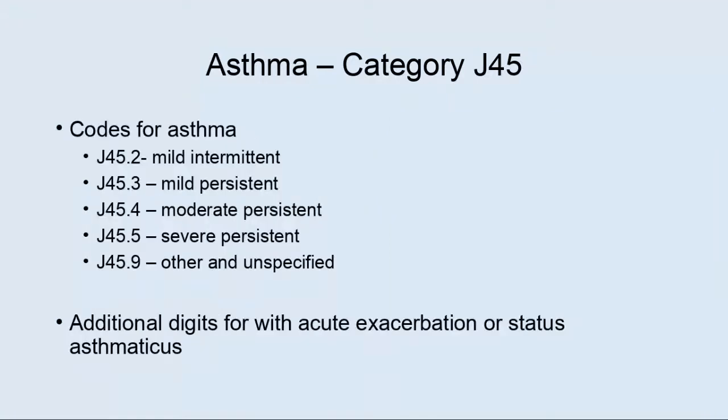So in the codes for asthma, you have codes for mild, moderate, severe, mild and moderate, severe, intermittent, and persistent. There are additional digits in these codes to indicate whether it's an acute exacerbation or a status asthmaticus.